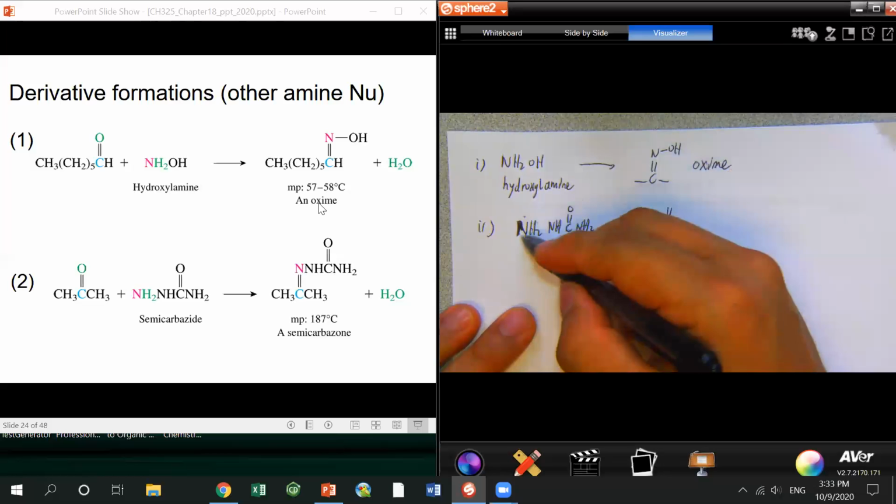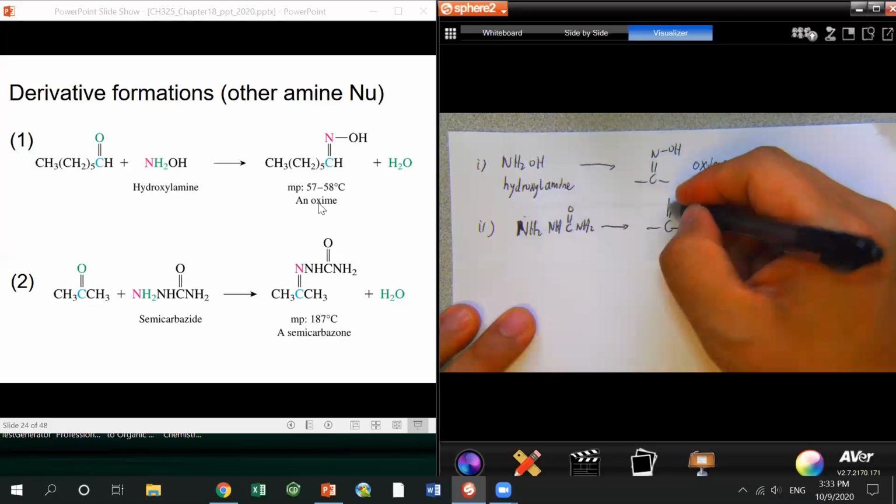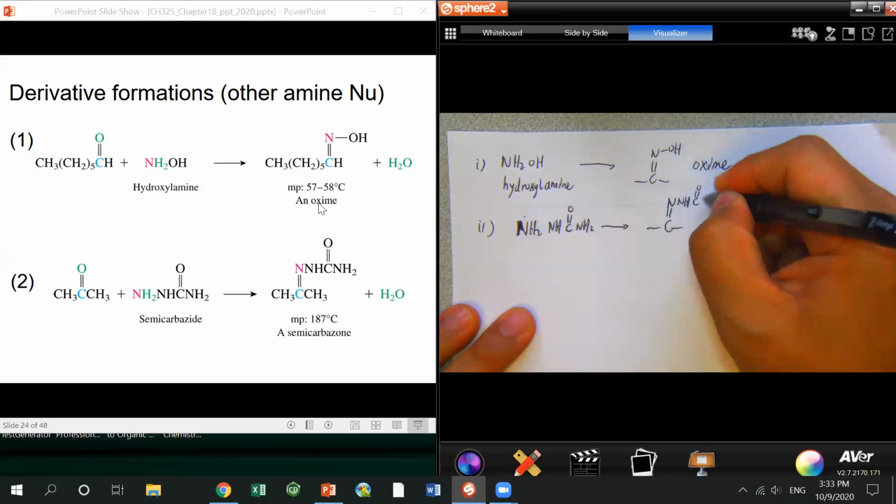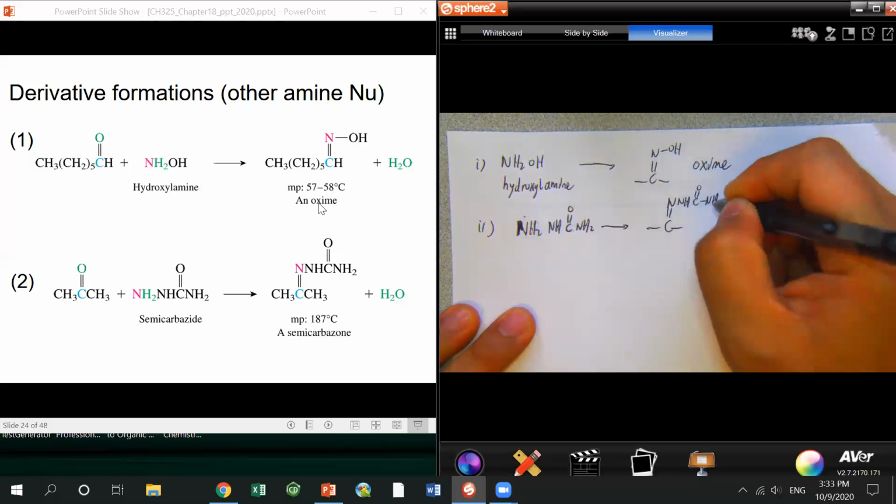So what's the reaction? This terminal NH2 becomes a C=N double bond, and all the others stay the same.